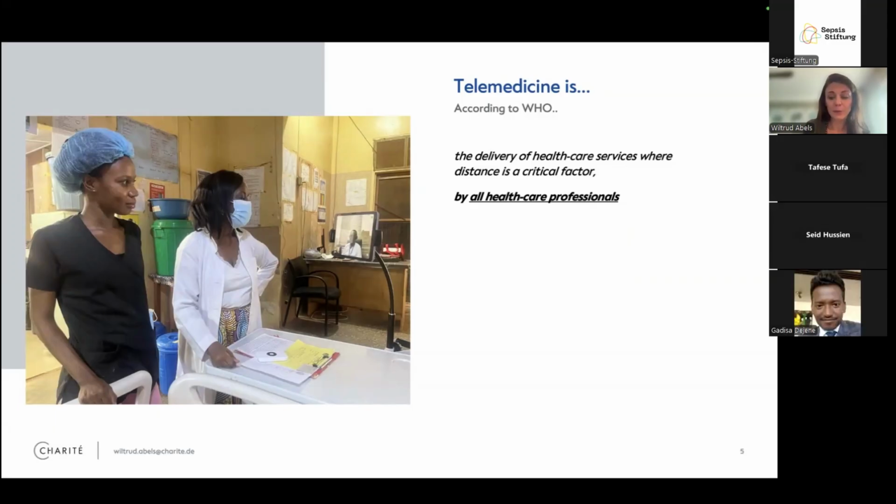But the main point is that it is not something that is done by physicians alone, but it's an interprofessional thing. So all healthcare professionals can be involved in telemedicine, and that's an important part for some use cases where, for example, sepsis, where the success of the management very often relies on a clinical team and not only on one specific person.